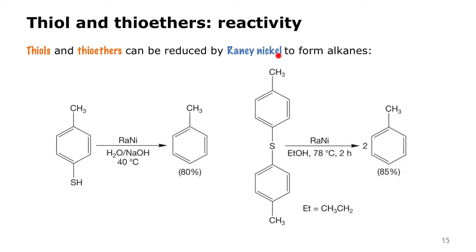We don't need to go into the characteristics of that, but it's a solid, so this is a heterogeneous reaction. You find various conditions for the reaction. Here we have Raney nickel using basic water. Here we have Raney nickel in ethanol solution. But the overall result is the same, and what isn't shown in the structures here is that the thiol group is in fact replaced with a hydrogen.